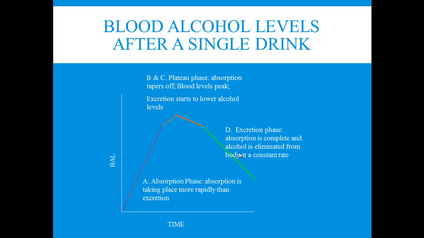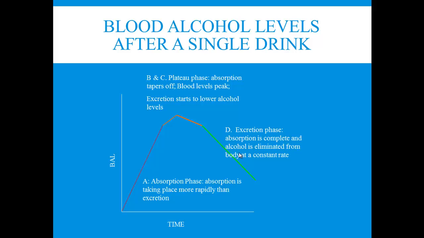Now, when we talk about alcohol being metabolized and excreted at a constant rate, we say that alcohol is following what we call zero order kinetics. With zero order kinetics, alcohol is metabolized and excreted at a constant rate. Alcohol is the only drug that we'll talk about in this course that follows zero order kinetics.